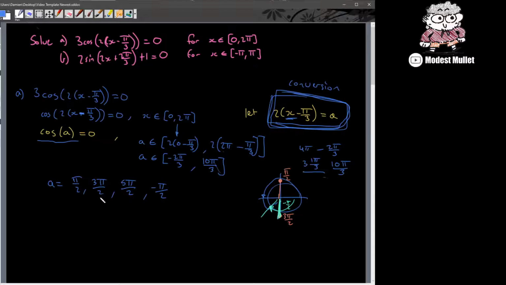To do that you could substitute this in for A, so for one of them we get pi on 2 is equal to 2x minus pi on 3, rearrange all that to get x by itself, then you're going to have to do the exact same thing for the next one, rearrange all that to get x by itself.